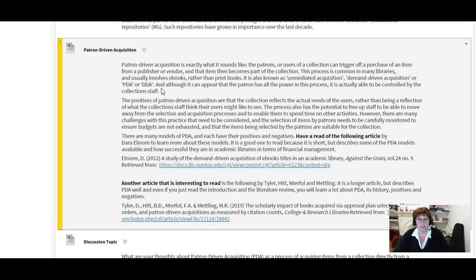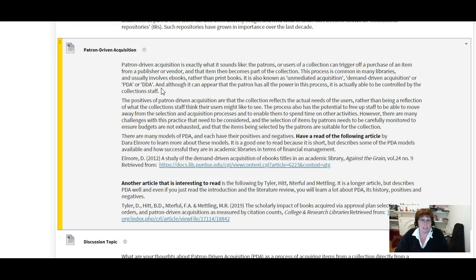And then libraries can make these arrangements with the vendors and publishers that say, okay, after say 5 of these clicks, 5 different users have clicked on this thing, that will then trigger a purchase, and then we'll actually buy this thing from you.